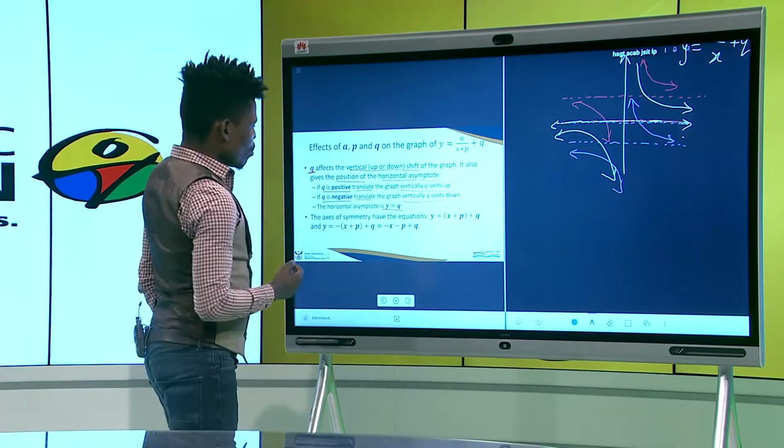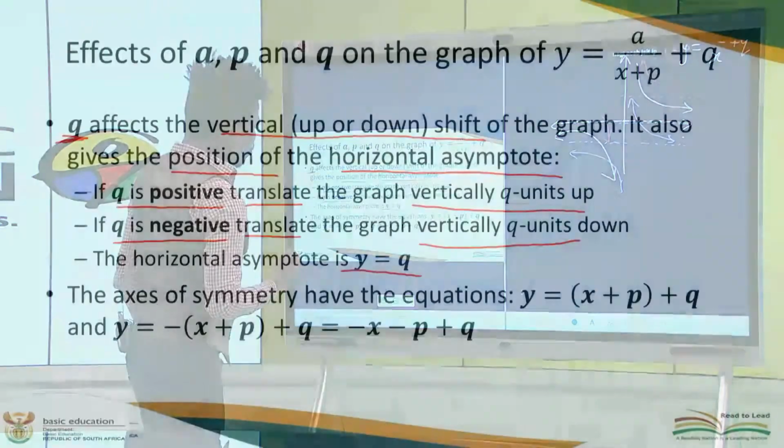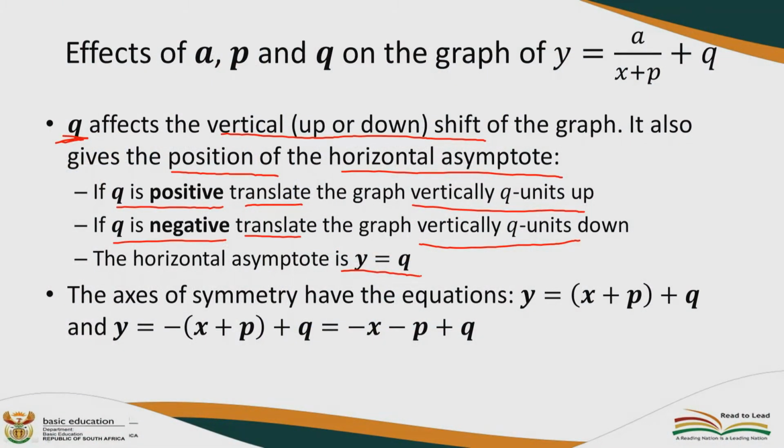All right, so now, also what is important is the axis of symmetry. So the axis of symmetry has the equation that is given in the form y equal, in bracket, x plus p, plus q. And where do we get this x plus p plus q?